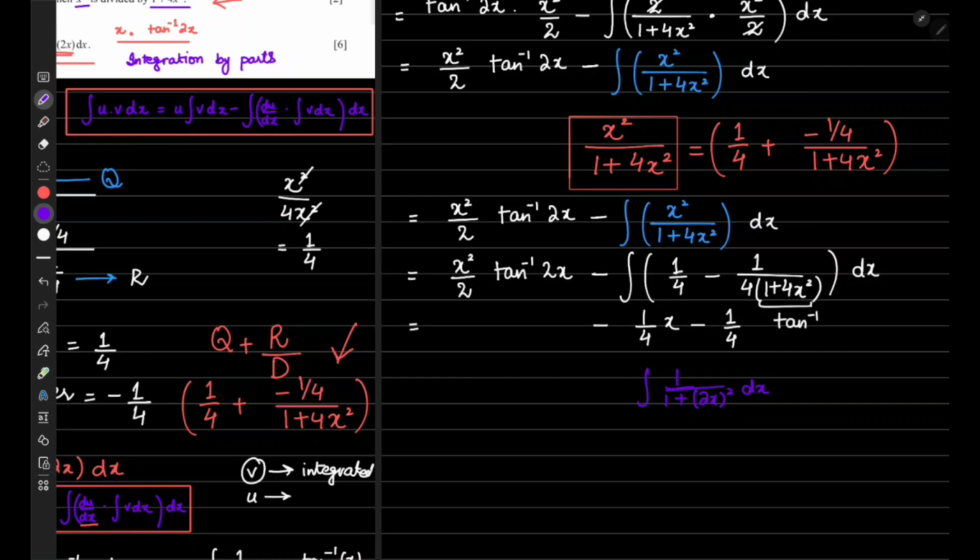We cannot integrate it unless the derivative of this is multiplied with it. So the derivative of 2x is 2. So there must be 2 here. So to get this 2, we need to multiply and divide with the 2. Okay, and we end up getting minus 1 over 8.